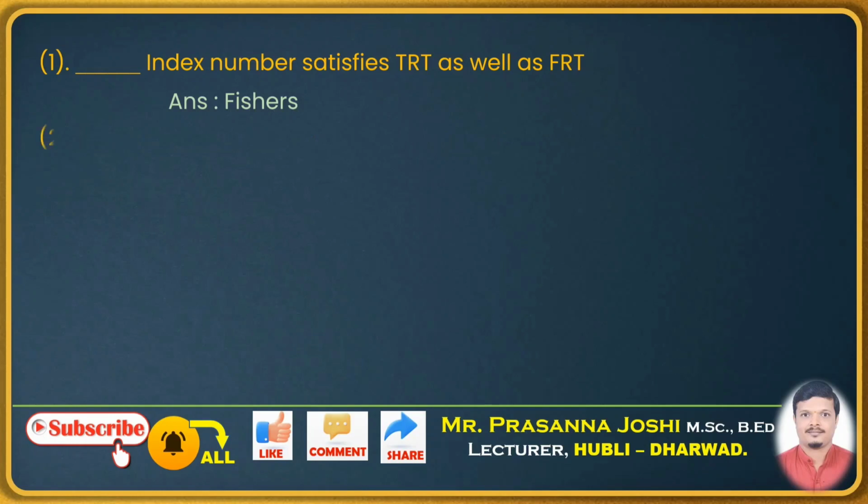Next question. For p is equal to dash, binomial distribution is symmetrical.